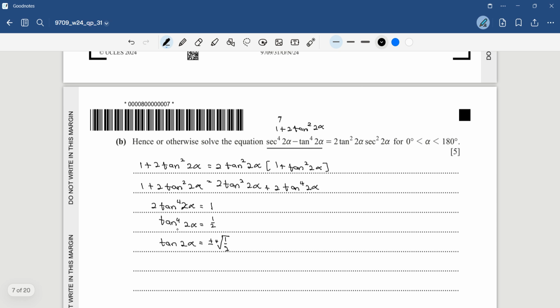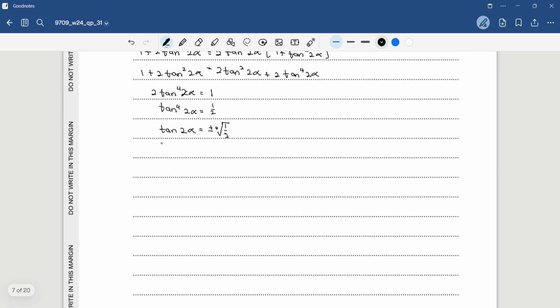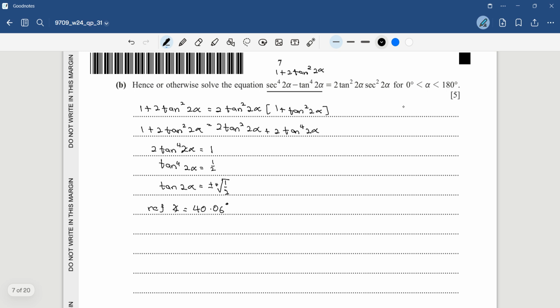Usually for this I will do my reference angle, the acute angle. The acute angle here I got is 40.06 degrees. Here it is given alpha is from 0 to 180 degrees. Therefore my 2 alpha will be from 0 to 360 degrees.